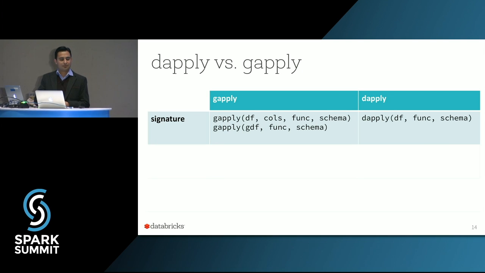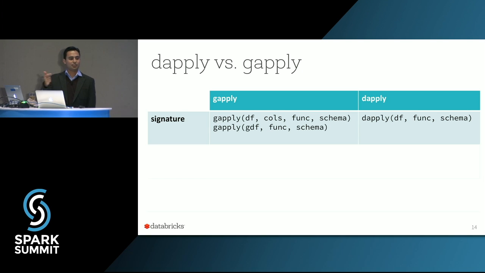The first obvious difference is the function signature. gapply takes a second argument of columns, dapply doesn't. However, there is another version of gapply that doesn't take a list of columns, and instead it takes a grouped data frame. And that has been somewhat confusing to some users.